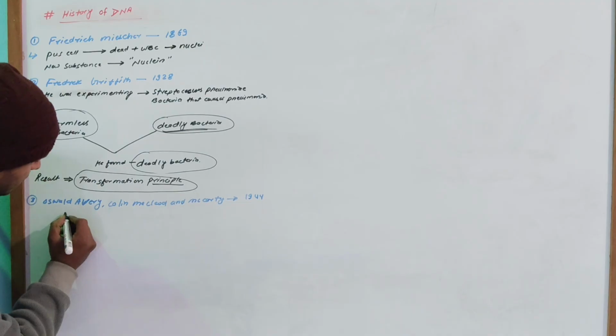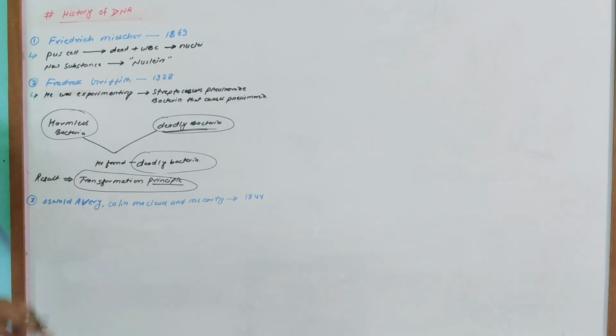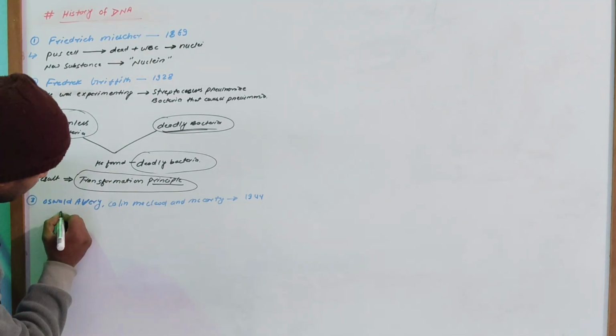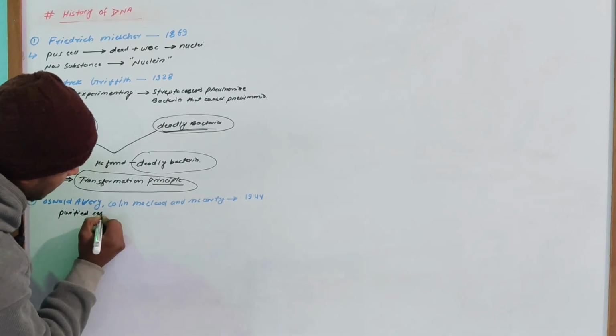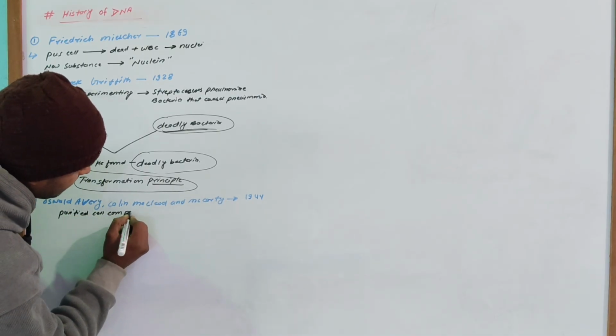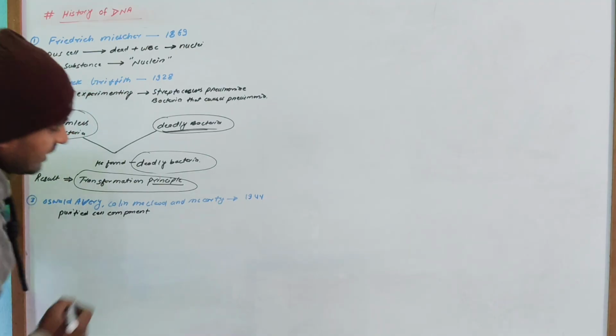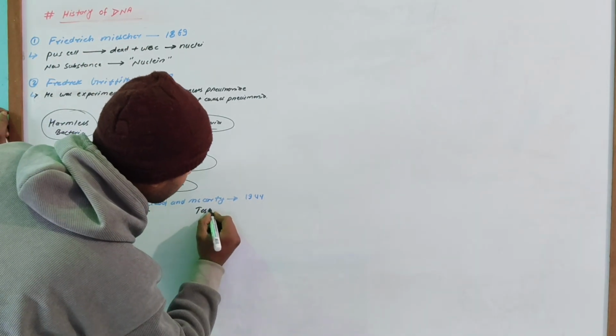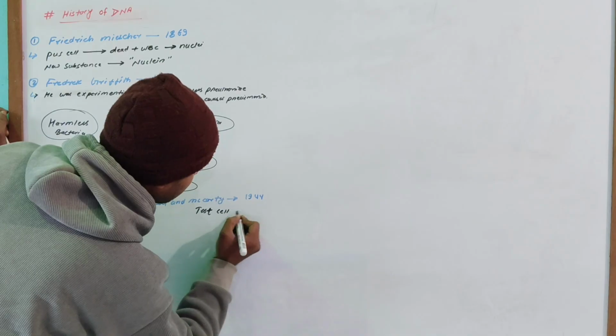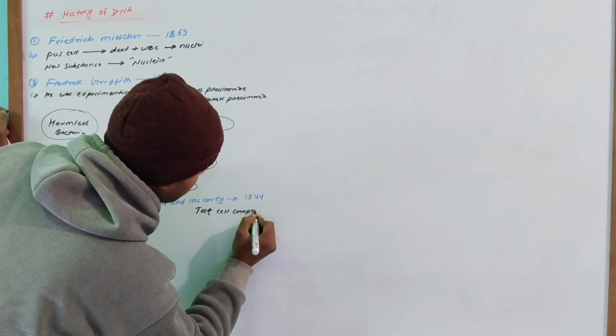They took two kinds of bacteria. One is the purified cell component of a bacteria, and the second one is the transformed cell component.